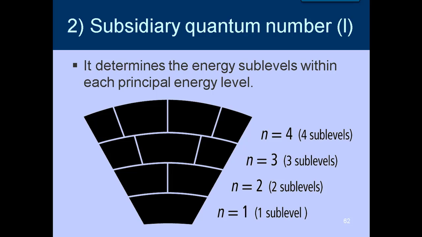And the number of these sublevels equals the principal quantum number, which means that the energy level whose quantum number is 1 contains 1 sublevel, the second one, whose principal quantum number is 2, is divided into 2 sublevels, the third energy level is composed of 3 sublevels, and the 4th energy level is composed of 4 sublevels. So the subsidiary quantum number determines that each energy level is divided into energy sublevels.